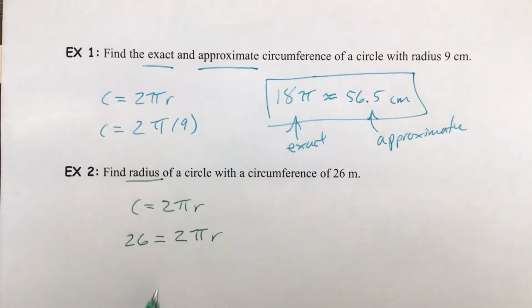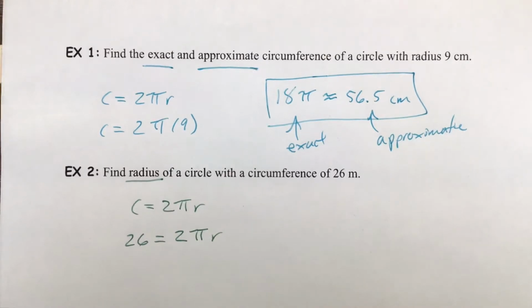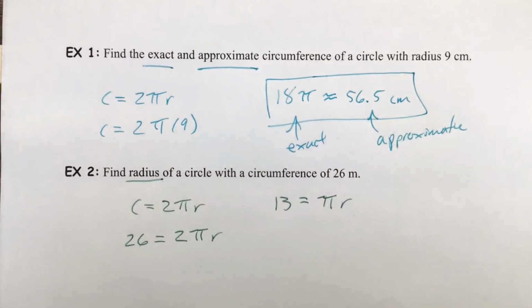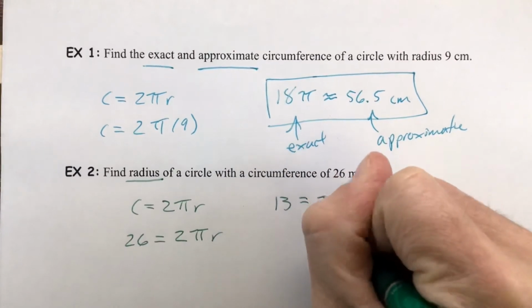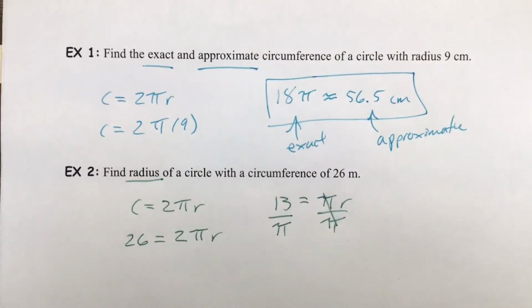It is possible to divide by the 2 pi at once, but you need to use parentheses if you're going to do that in the calculator. So you could do it separately. You could just divide the 2 into the 26 first, which gives you 13 equal to pi times the radius. All right, and then you would divide by pi so that those would cancel, and you get that.